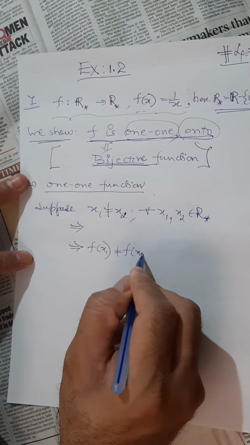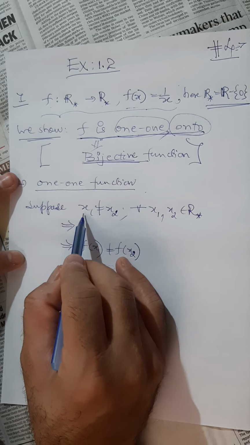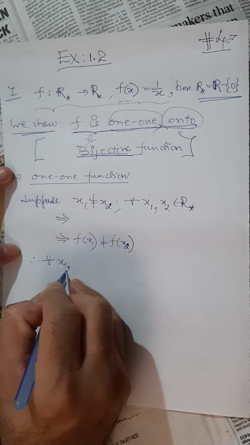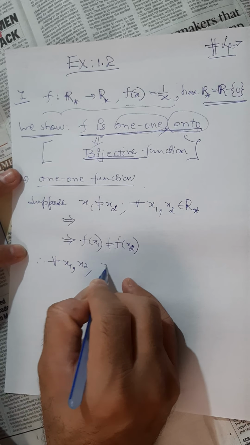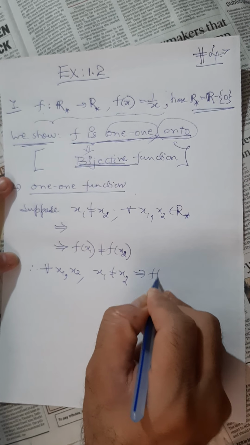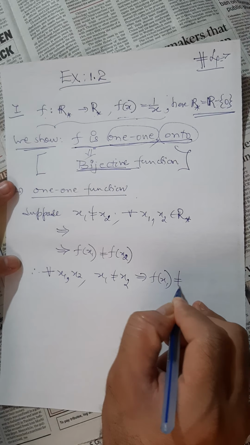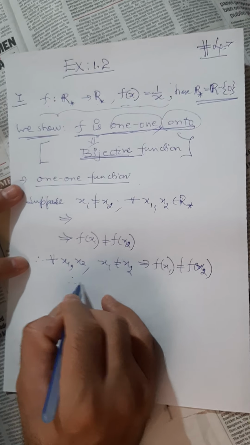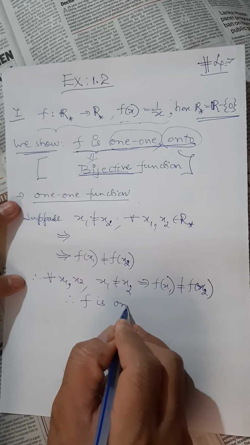This is what you want to prove. So if I can show this for every x1, x2, that whenever x1 is not equal to x2, it implies f of x1 is not equal to f of x2, and therefore f is a 1-1 function.